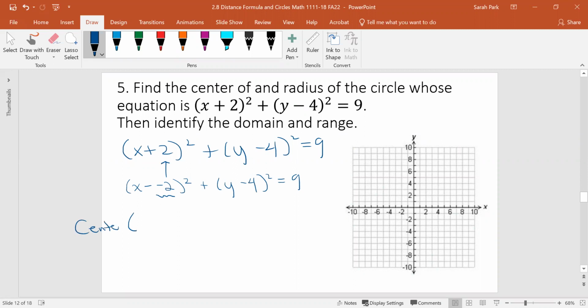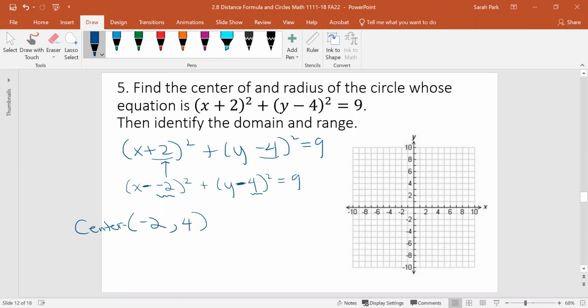And the y value is just 4, because you don't count the minus sign. Another way to think about it is just take the opposite value of what you see in the parentheses. So you can see x + 2, then the center must be −2. You see y − 4, you can say the y value of the center is +4.